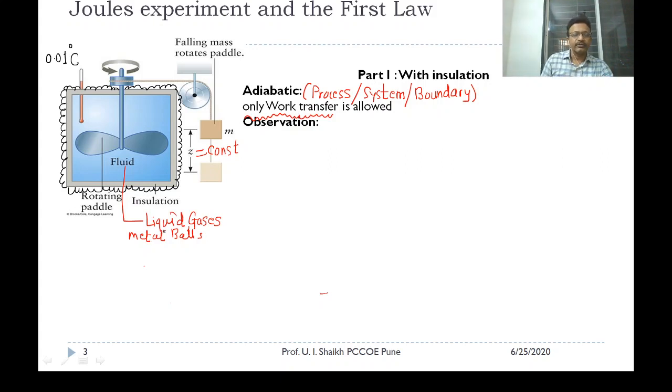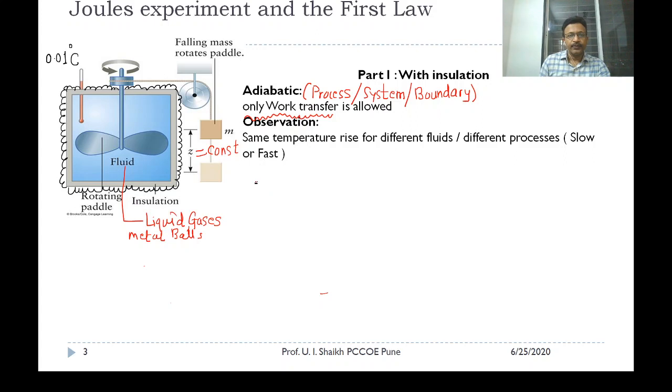What was the observation? Some may think that for different fluids, different rise in temperature was observed. But the surprising thing was that whatever may be the type of the fluid, the same temperature rise was observed.